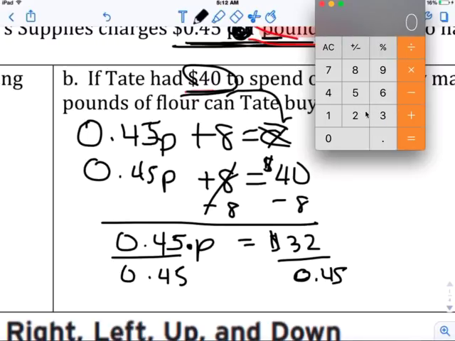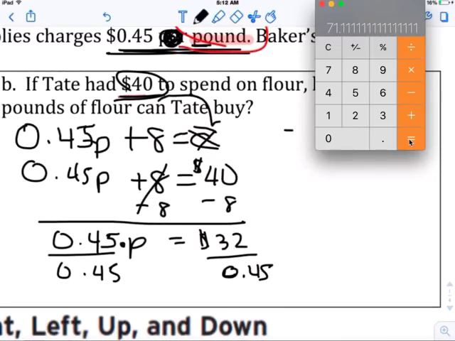No. 32 divided by 0.45 equals 71.11 pounds. So P equals 71.1111 pounds. Rounded to the nearest hundredth, they can buy 71.11 pounds.